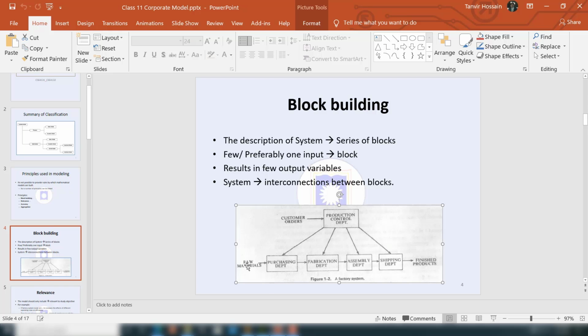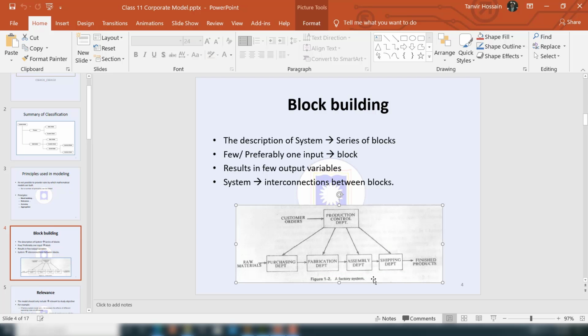The purchasing department has the raw materials as input, and the production control department has customer orders as input. And there is also the fabrication department, the assembly department, the shipping department, and also the finished products. This is the output.